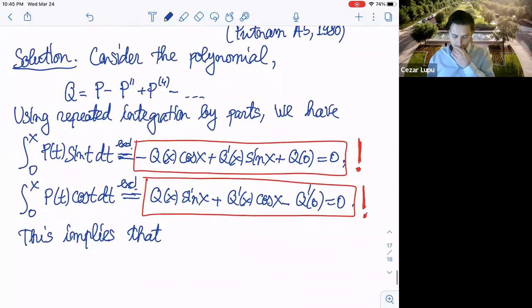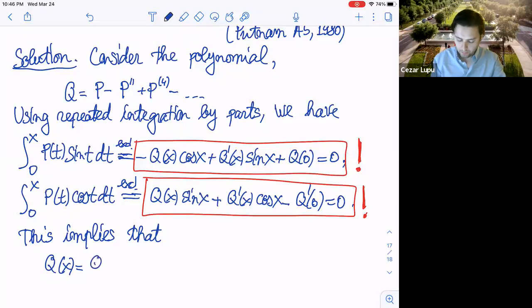So let's see. Okay, so this will give us, let's write it, q of x is, and I hope I'm not making a mistake in computation, so this will be sine, cosine. Okay.